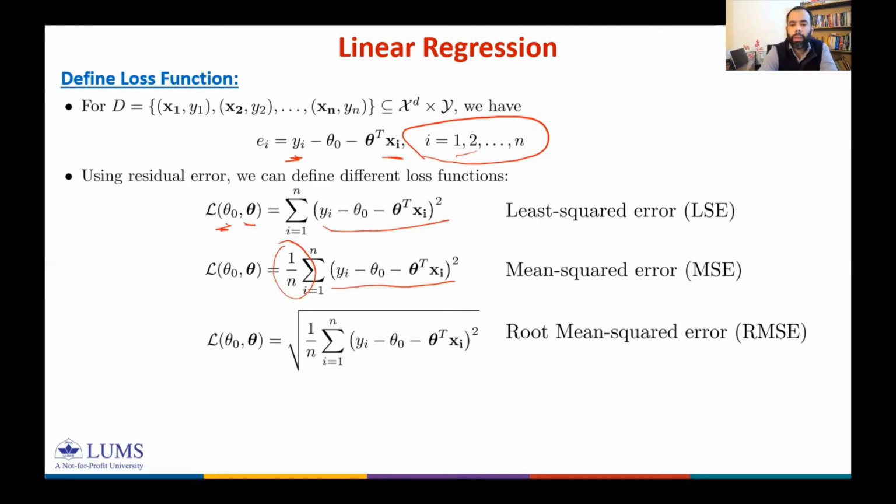But the good thing is, for all of these loss functions in linear regression, we have one minimizer. So there is one value of theta naught and theta for which these loss functions are minimized. Let's formulate the minimization of this loss function as an optimization problem.